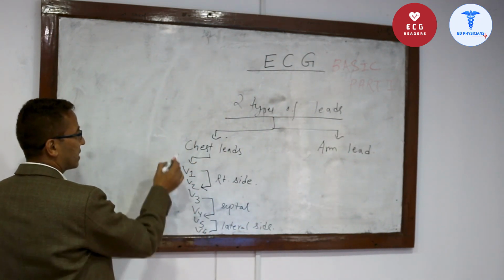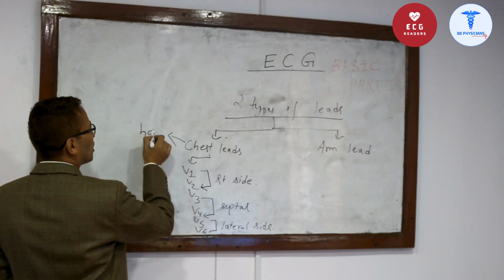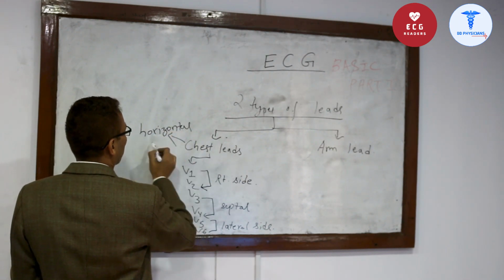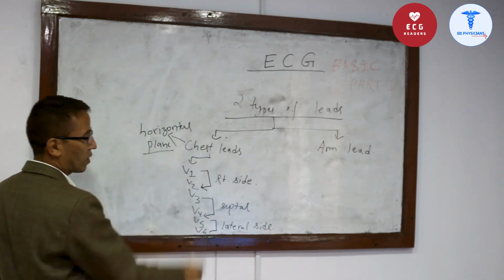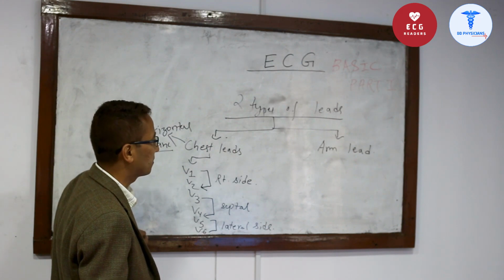Overall, these chest leads look at the heart from the horizontal plane. Chest leads are also labeled as C1 to C6.